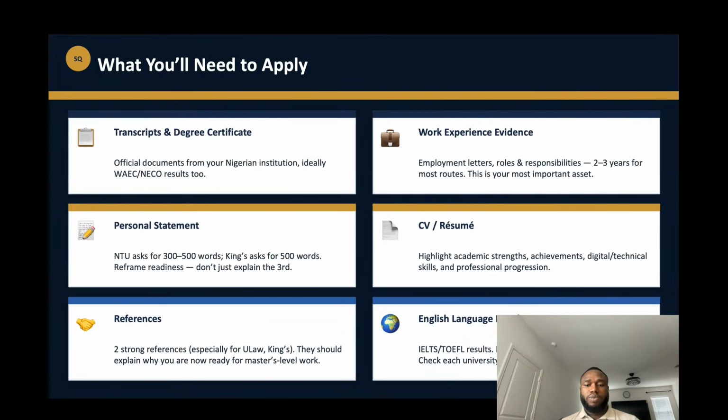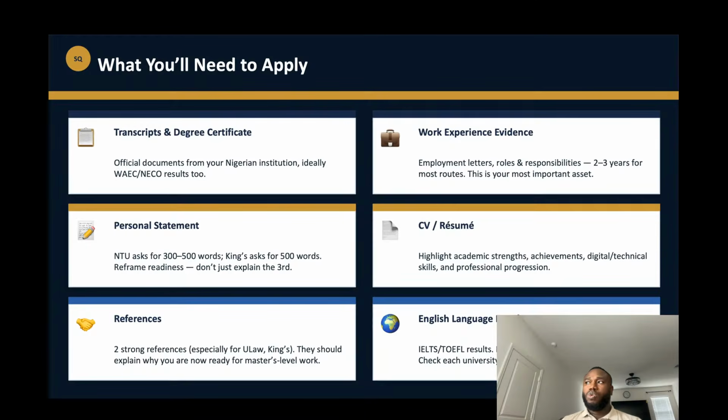Then you need your CV and resume, very detailed CV and resume, which is also something that we can help you at Study Key to put together at no cost. We do it completely free of charge for people who are serious about applying to schools in the UK.